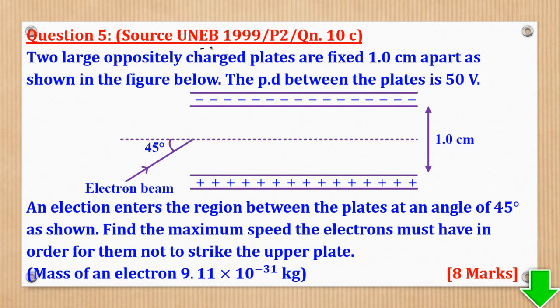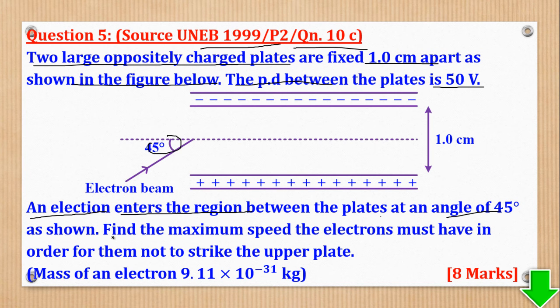Then question 5 came from UNEB 1999, paper 2, question 10C, and says two large oppositely charged plates are fixed 1 centimeter apart as shown in the figure below. The PD between the plates is 50 volt. This is what is here. An electron enters the region between the plates at an angle of 45 degrees, as you can see here.